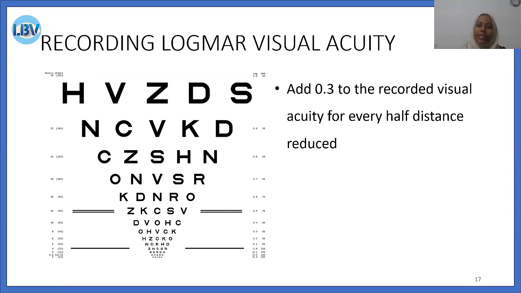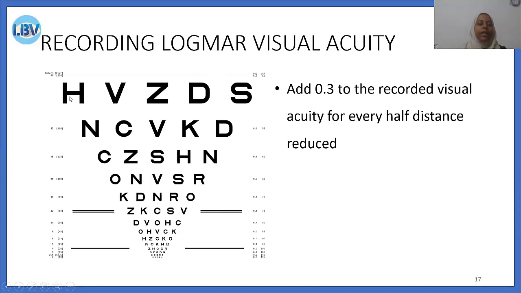So when you're reducing the distance to half, from 4 meter to 2 meter, what do we record? We record the visual acuity with the eye not being tested covered, and we add 0.3 to the recorded visual acuity for every half distance reduced.